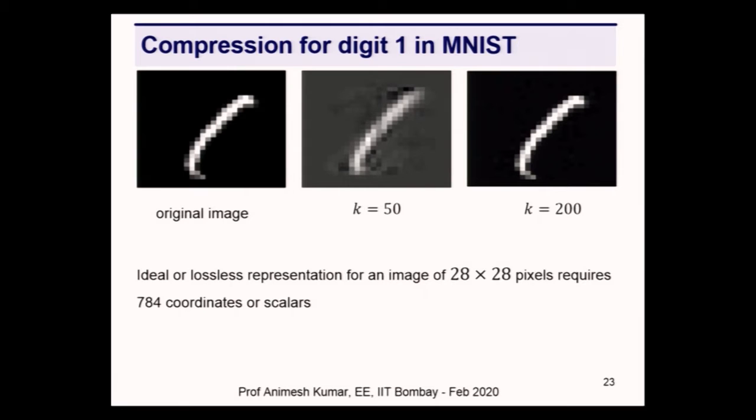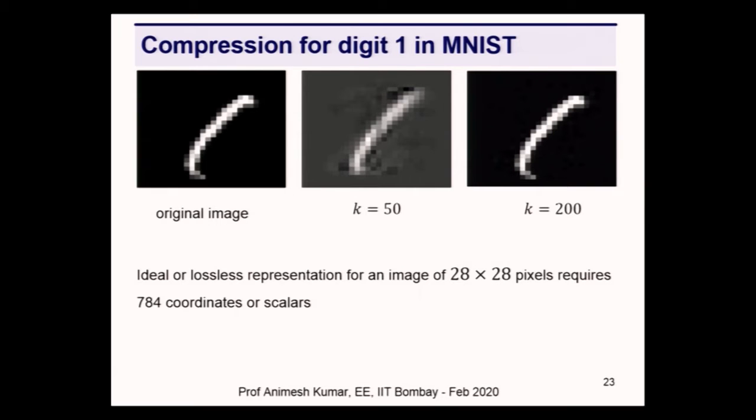You can even compress other digits. So for example, I can take a digit 1. I mean, this doesn't look like a 1, but imagine lots of people writing 1 with varied strokes. So some of the 1s may look like this. And again, if I want an ideal or a lossless representation, then I need to have 784 coordinates or scalars. But if I only collect 50 coordinates, I'll get this kind of approximation.